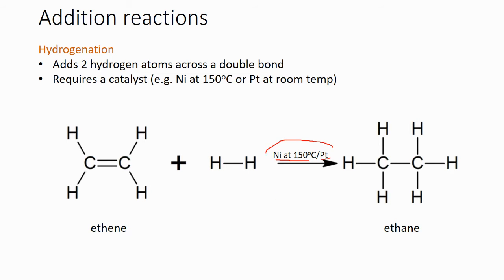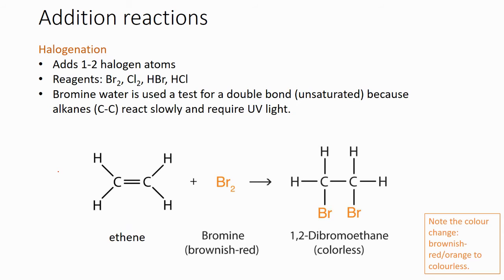So you need to learn the conditions for this reaction, as well as learning that you can add hydrogen to ethene in this example, but to a carbon-carbon double bond. And you can see the hydrogen is here. So one hydrogen adds to this carbon and another hydrogen adds to the other carbon. So that's hydrogenation.